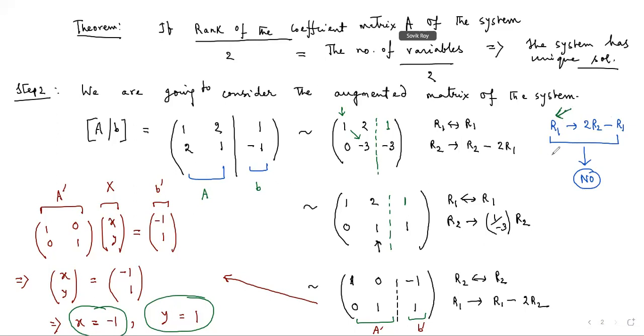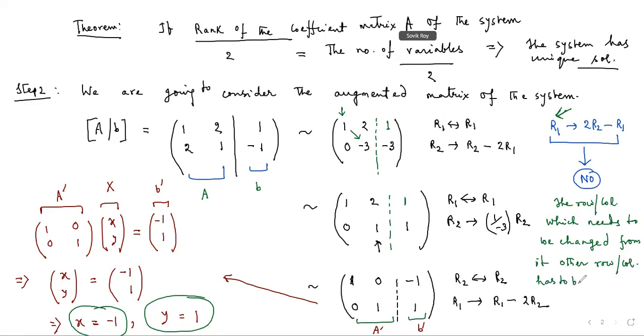The row or column that needs to be changed cannot be subtracted; from it, the other row or column has to be subtracted. This is the rule.